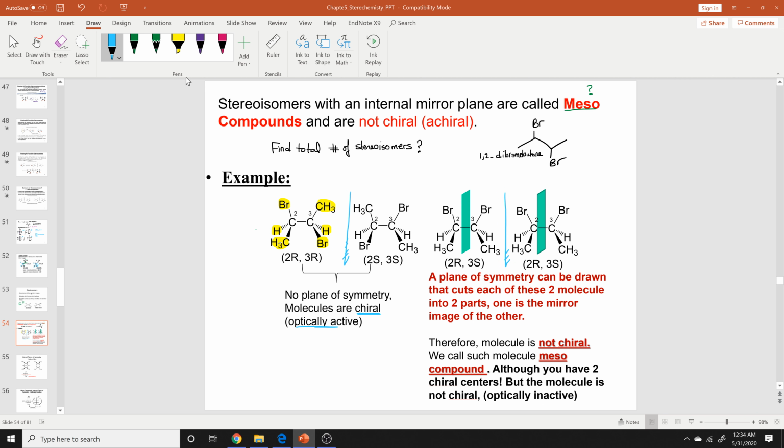If I draw a mirror image here for the molecule, the mirror image is going to be the same as the molecule itself. So these two are identical. So I would say that this molecule here exists as a meso compound. So I have a pair of enantiomers, and then I have a meso compound.